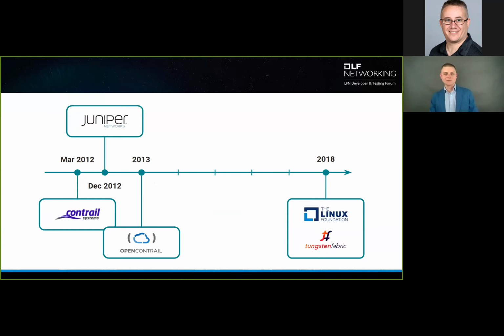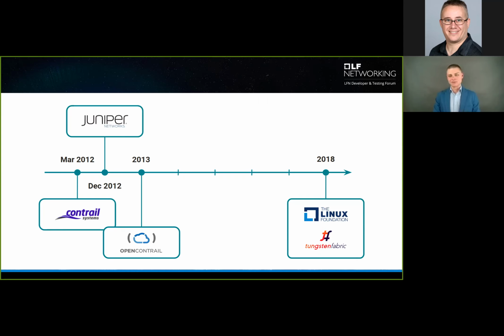Starting with some history, because you may think that Tungsten Fabric is a pretty young product, since the Tungsten Fabric name was created in 2018 when it joined the Linux Foundation. However, starting in March 2012, there was a startup called Contrail Systems that created the first version of the product that we know today as Contrail.